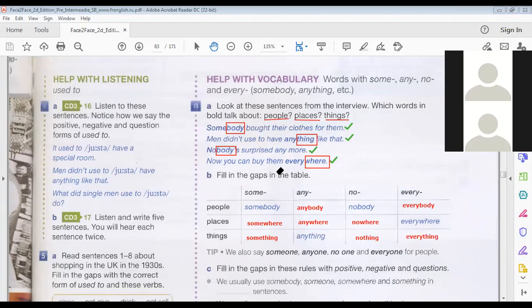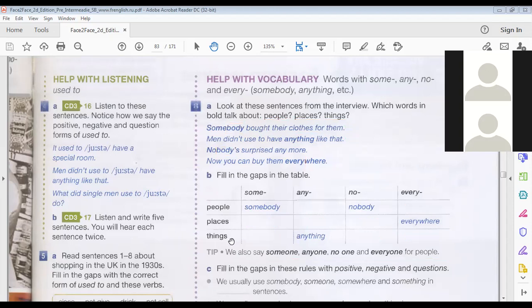And here we have this tip at the bottom. If you check it, they're giving you the option here. They're telling you that it's the same. If you want to say anybody, that's fine. If you want to say anyone, it's also fine. Nobody, no one, everybody, everyone, somebody, someone, it's okay. It's another option you have.